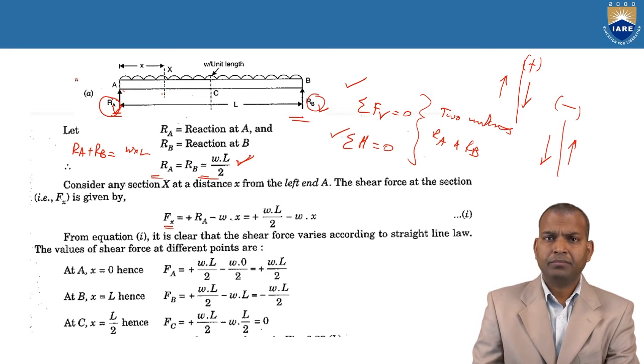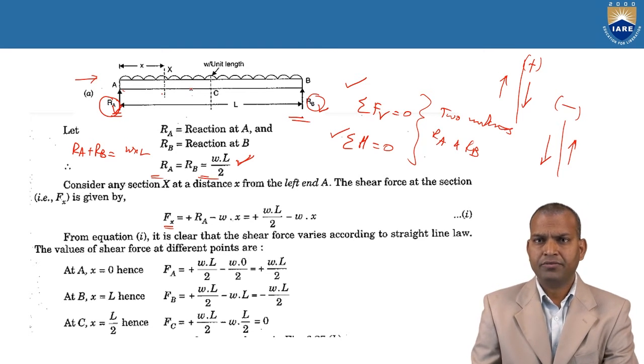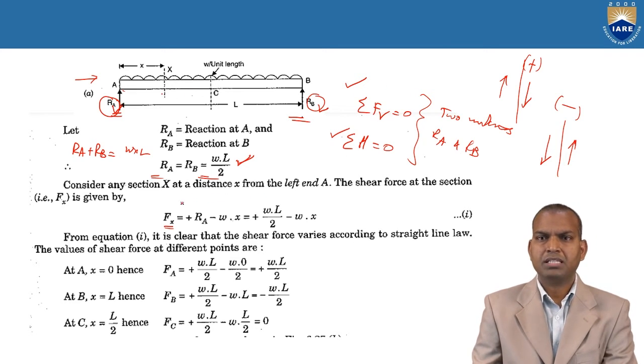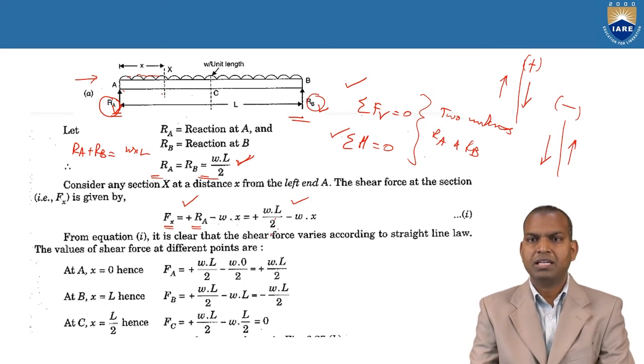As we move from left to right, RA is in upward direction, so positive, plus RA minus the UDL, w per unit length into x, that is wx. So RA minus wx. Substituting the reaction at A, that is wL by 2 minus wx. This is the value at a distance x.